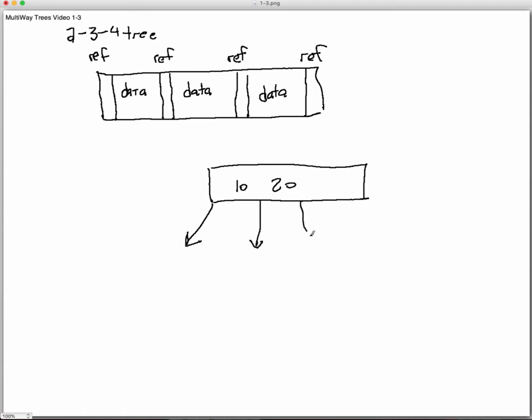This would be a reference to another node. Now the thing that I want to point out here is that the rules about 2, 3, 4 trees are as follows. We have references, and the references are going to be an array of 4. And the data is going to be an array of 3.